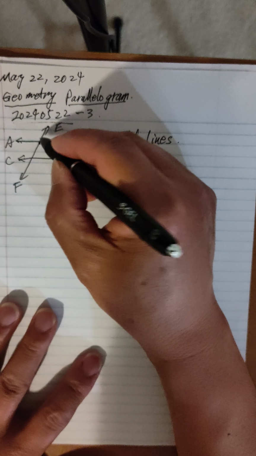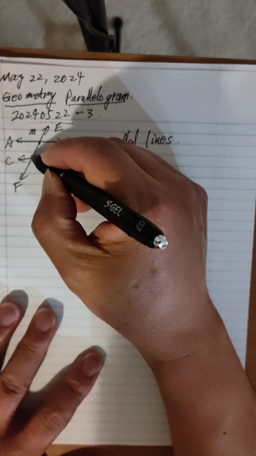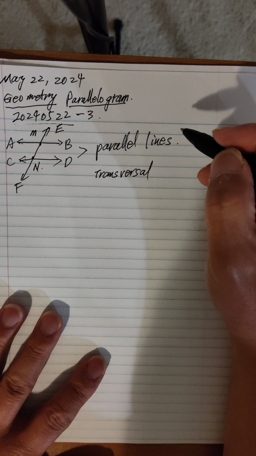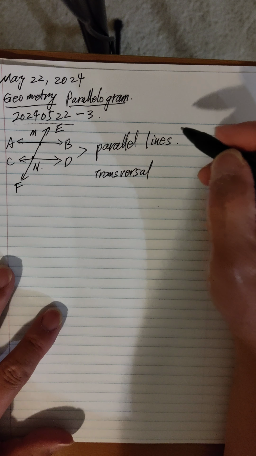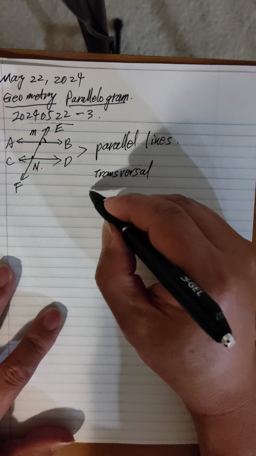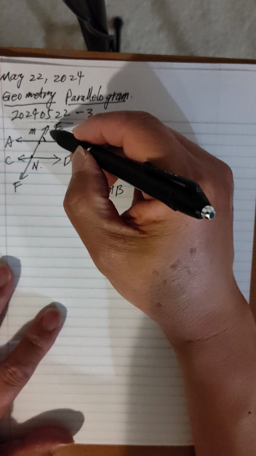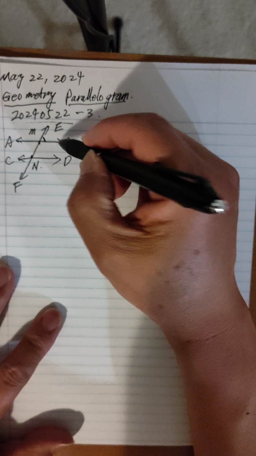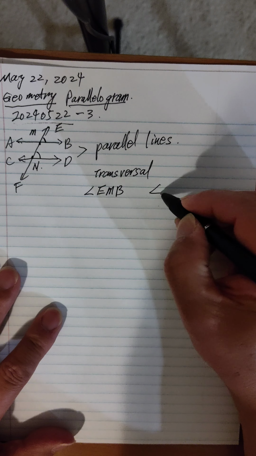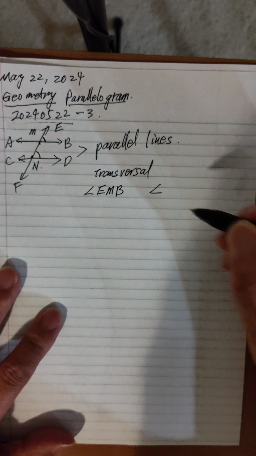Okay, now the transversal line intersects with those two parallel lines. So the intersections, let's name them M, and then the next will be N. Okay, so there are a lot of angles right here. For instance, this angle, which is angle EMB, and this angle, which is angle MND.